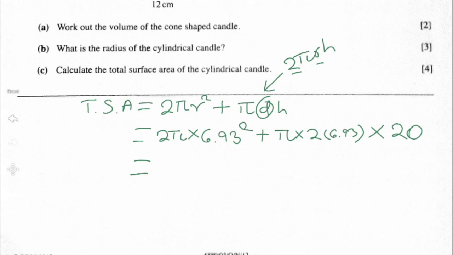Then you can work out this. It's 2 pi times 6.93 squared plus 2 pi times 6.93 times 20 there.